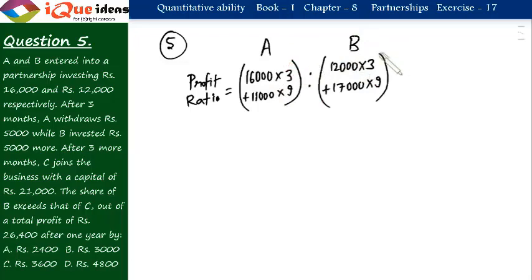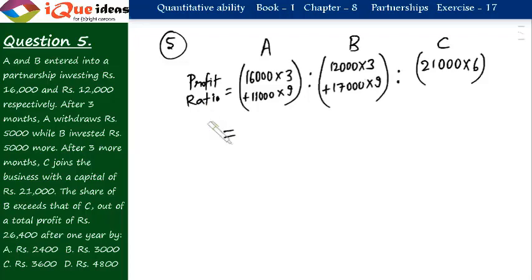Then there is another person. 3 months are already gone, and after 3 more months, that means 6 months later, C comes in and invests 21,000 rupees for the rest of the period of 6 months. Alright, so this is the profit ratio.